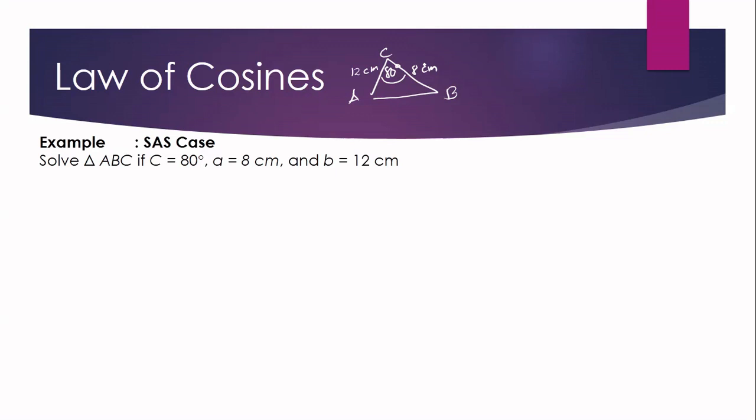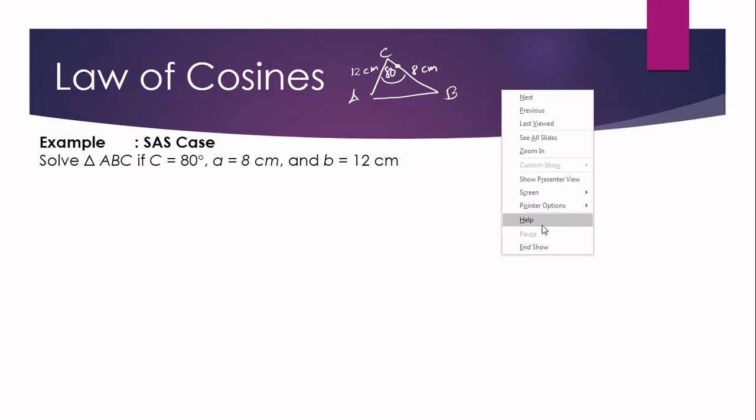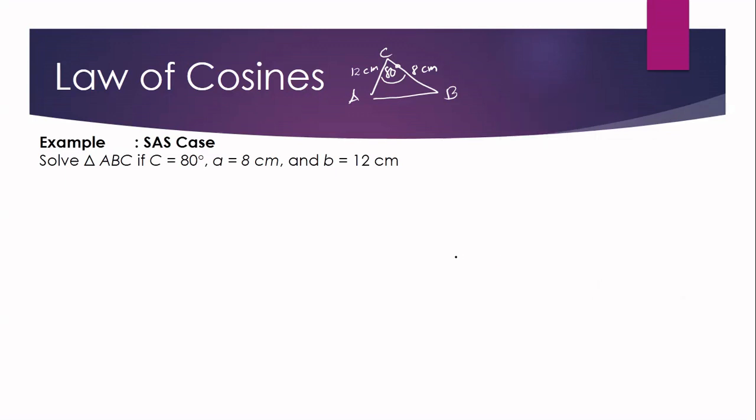That means we are going to use here the law of cosines. Now let us try to solve using the law of cosines. We are going to solve triangle ABC, which means we will get all the parts: side A, side B, and side C, and also angle A, angle B, and angle C. Based on the given, let us put what we have.